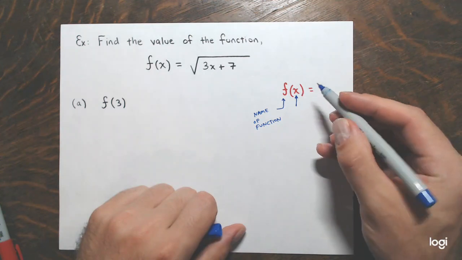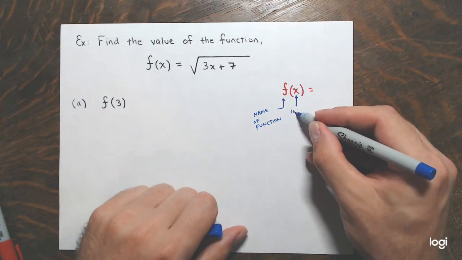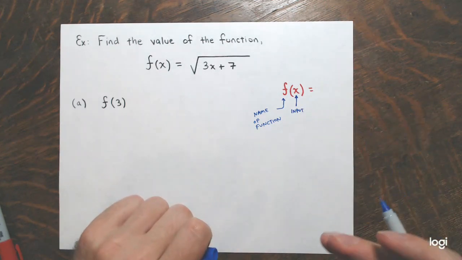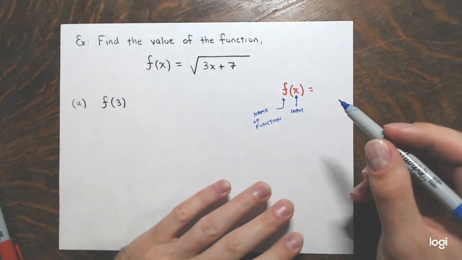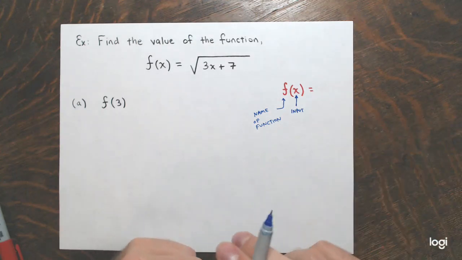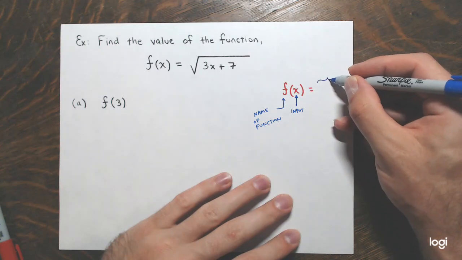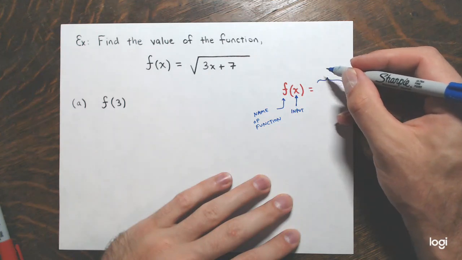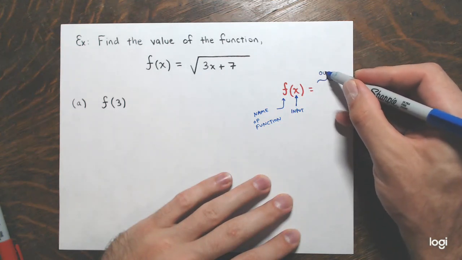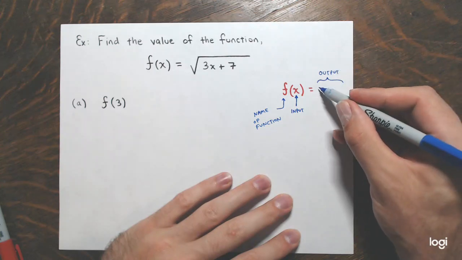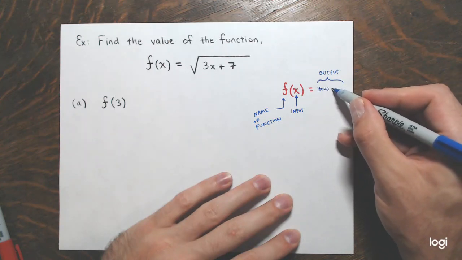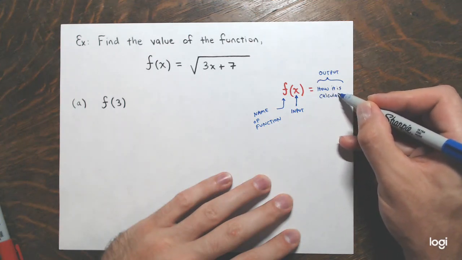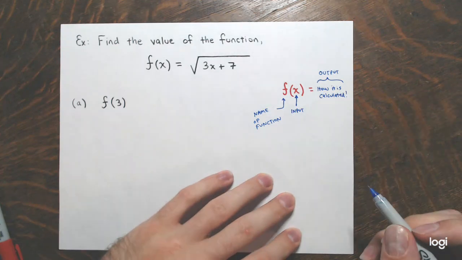The letter inside is the input. It's some value from the domain, one of the inputs of the function. And then what it's equal to. So f of x is equal to the output, and basically you have an expression here that tells you how the output is calculated.